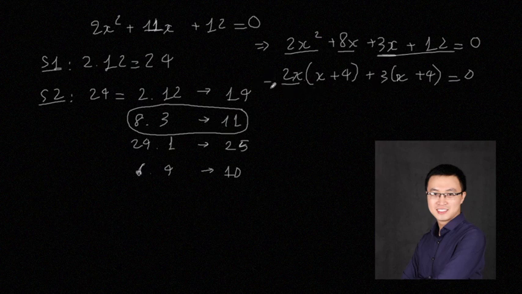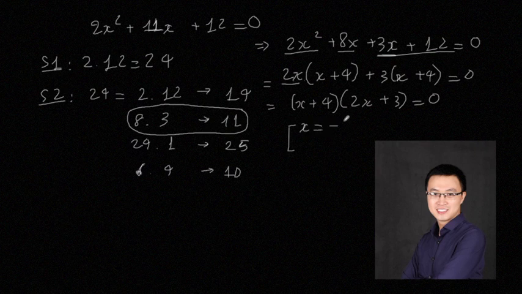So the common bracket is x plus 4, and then you have (2x plus 3) equal to 0. So that's why we have two solutions here. The first one is minus 4 because I put this one equal to 0, and the second one is minus 3 divided by 2, putting this one equal to 0.